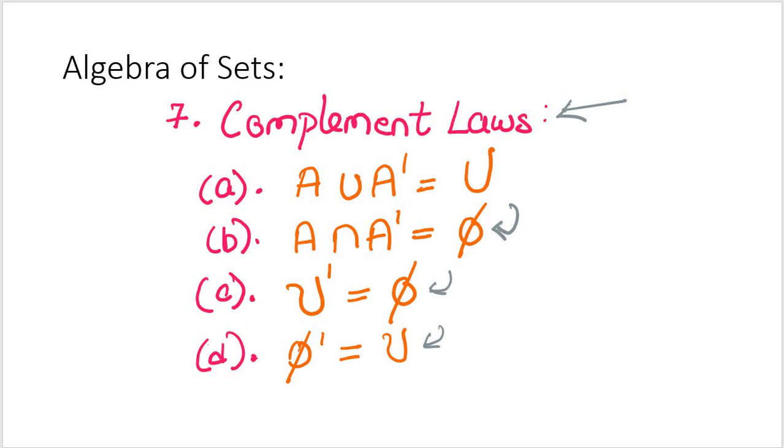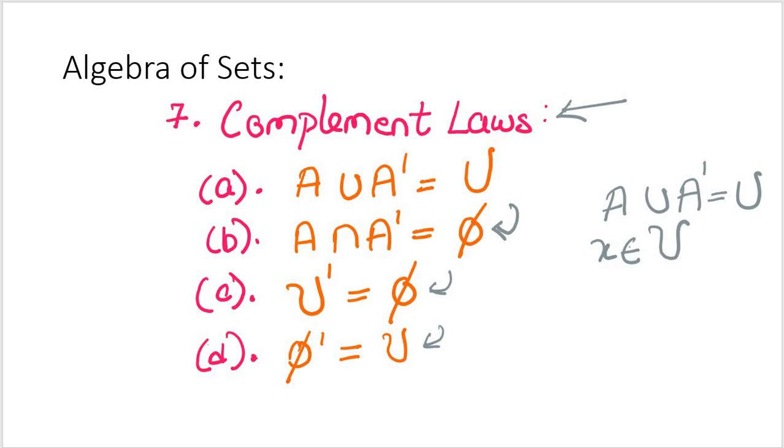Right? So what we can do is that we can also prove these things, right? You may come across a question where you have to prove that A union A prime is the universal set. So once again you have to follow that particular approach where you take an element X. Let X exist in the universe of discourse or the universal set.